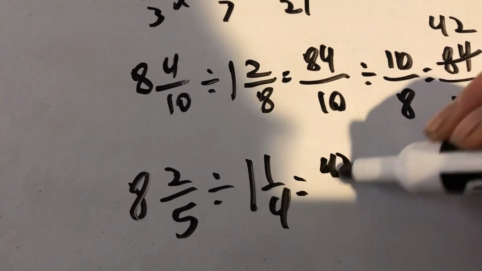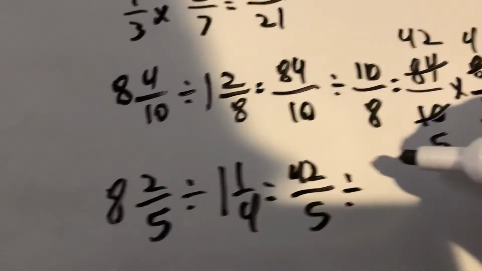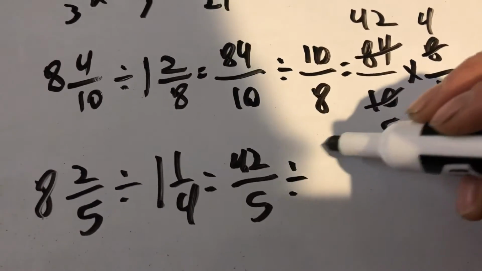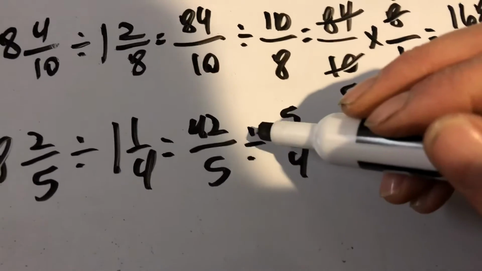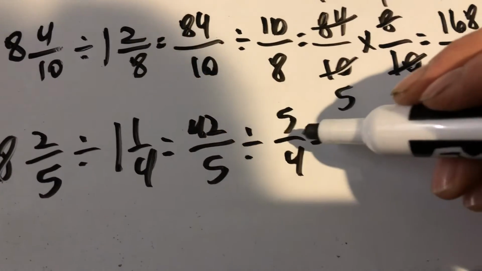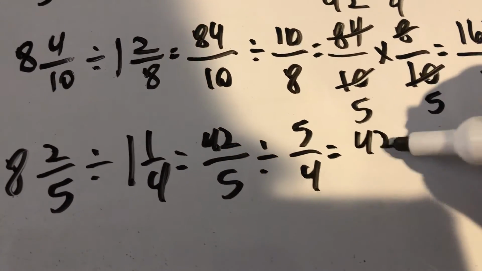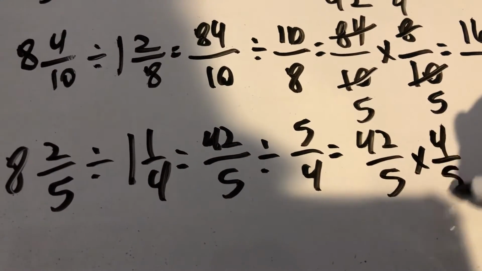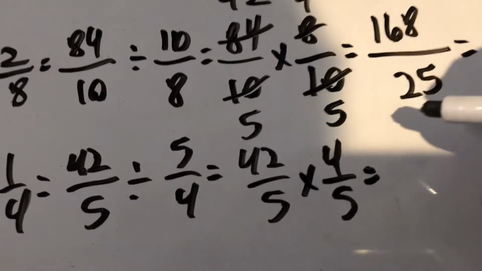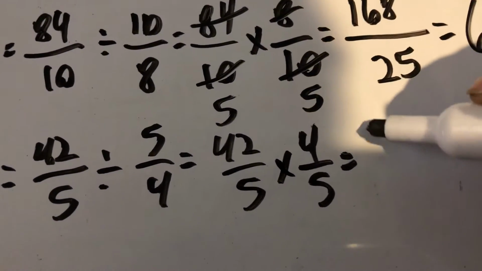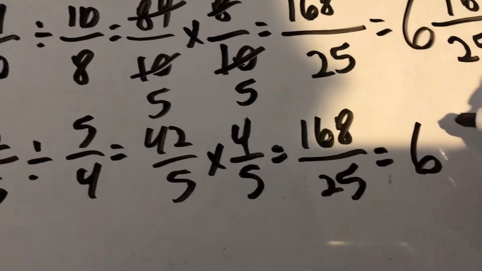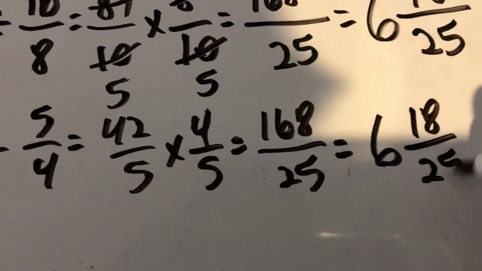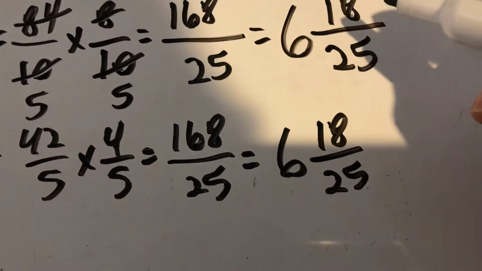So you got 42 over 5 over here, divided by 5/4 over here. Next step is turn the division into multiplication and flip the divisor to get a reciprocal. So you got 42/5 times 4/5 equals 168 over 25, which is equal to 6 and 18/25 as my final answer.